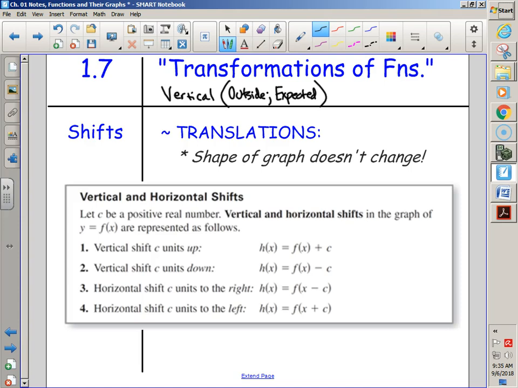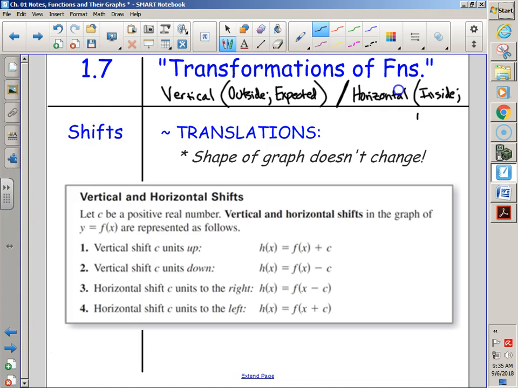You guys can see it here in that there's a parent function with an addition outside, and a parent function with subtraction outside. How is horizontal different? It's inside and, I don't like to use the word opposite, because in one case it's actually the reciprocal, which is different.